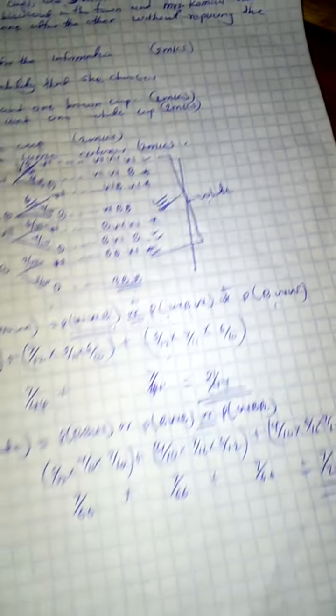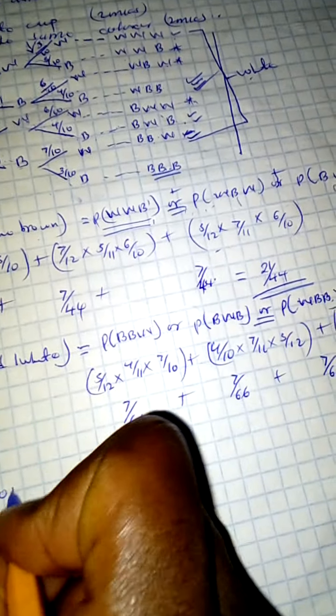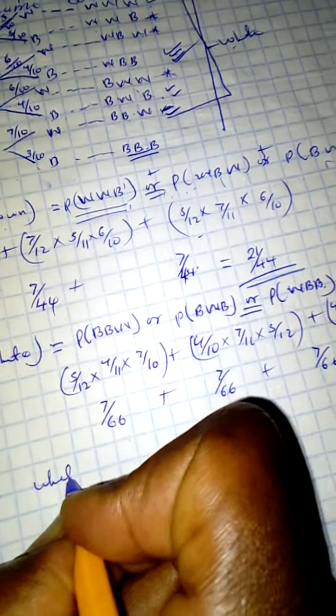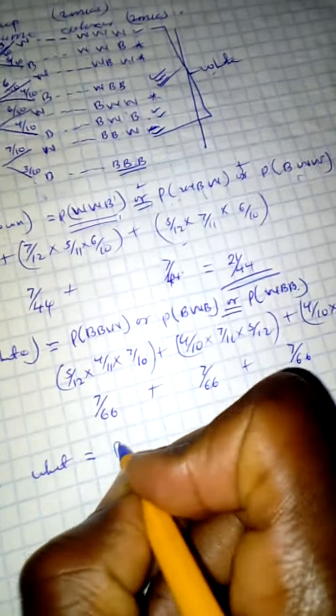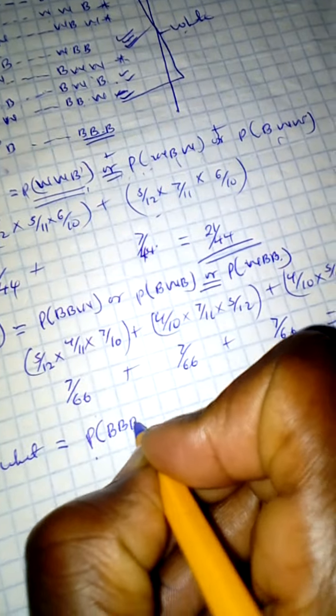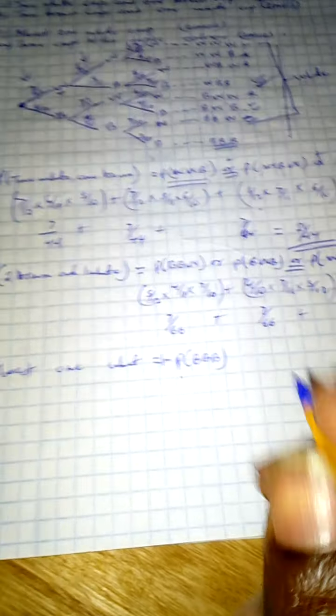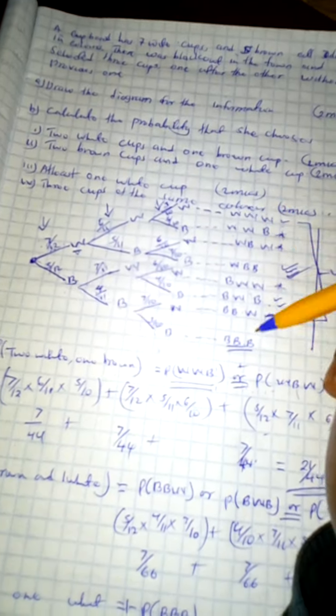Now we can say at least one white is 1 minus the probability of having all of them brown, because all of these branches contain at least one.